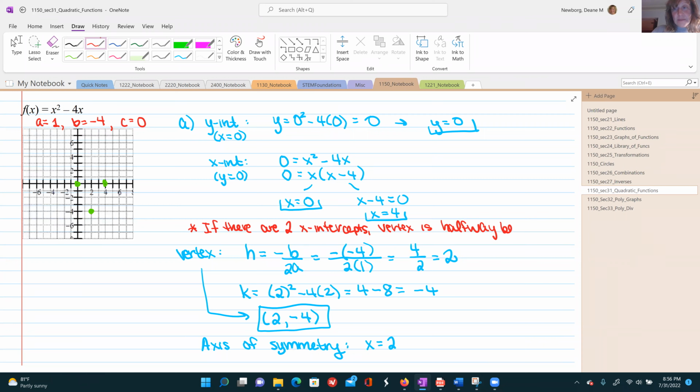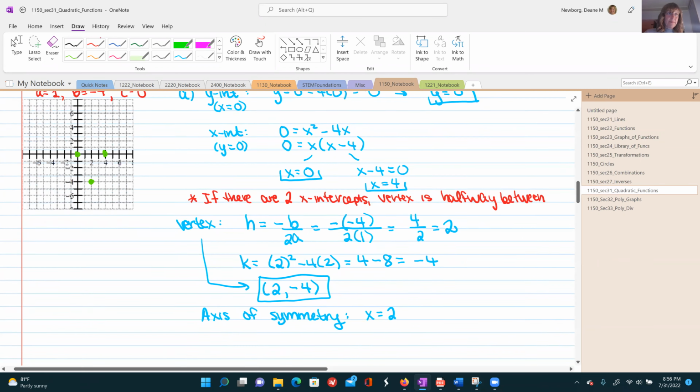It's because of symmetry. So when I saw I had x-intercepts at 0 and 4, I knew my vertex better be right in the middle, which would be at x equals 2.